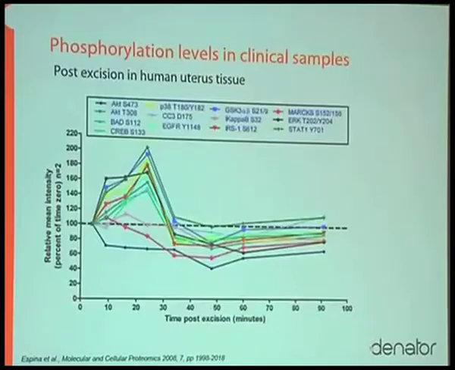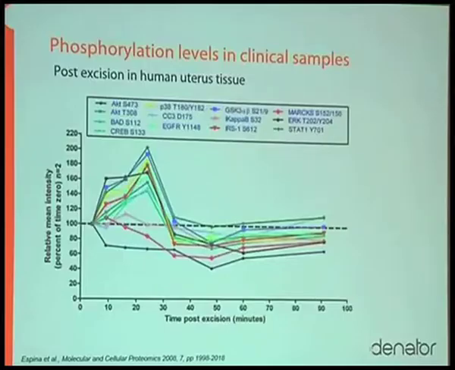But anyway, what's interesting here is in this system, the majority of the phosphorylations actually increase in the initial period, and then they decrease. So we don't really know why that is, and this is a completely different tissue. And so it's important to realize that some phosphorylations will go up, some will go down post-sampling, and this may change depending on tissue.